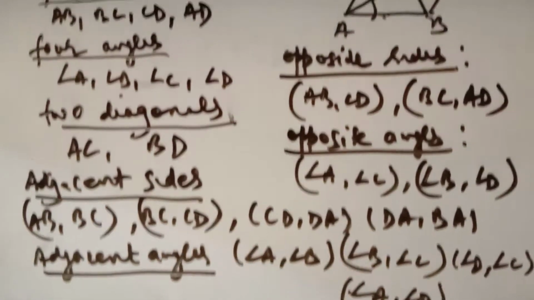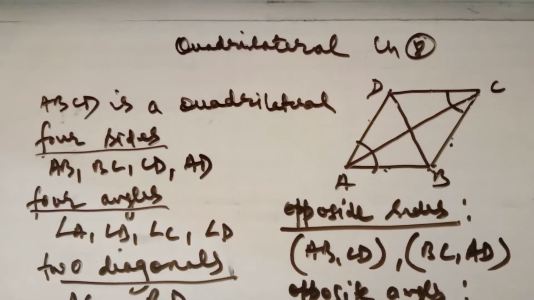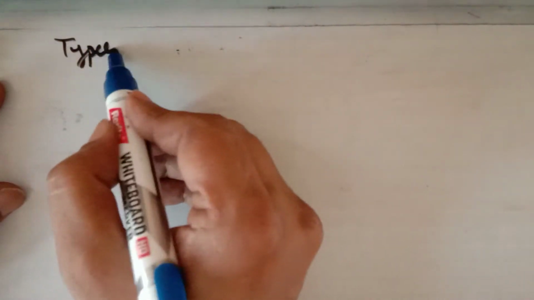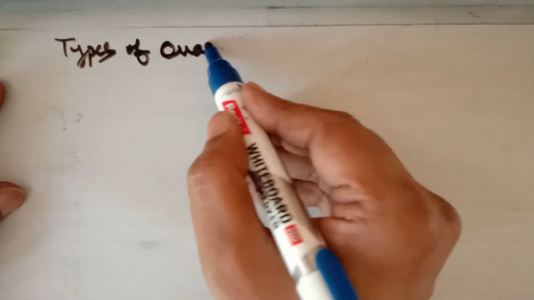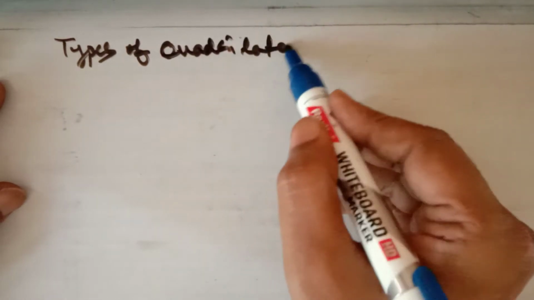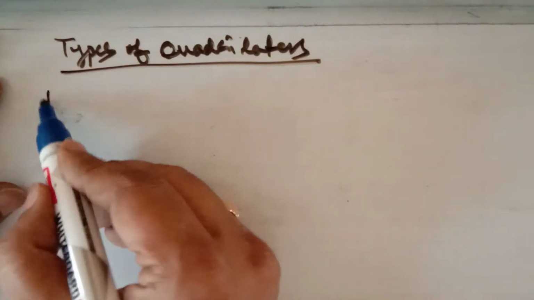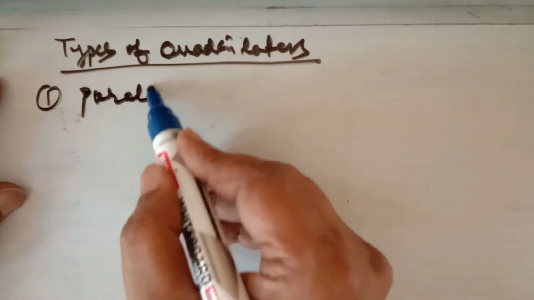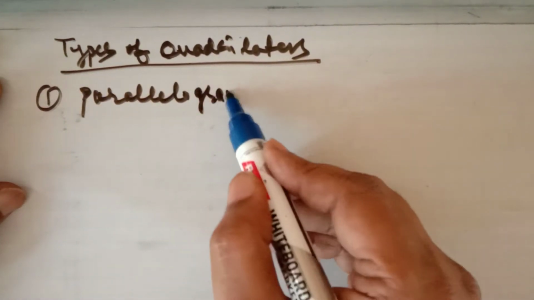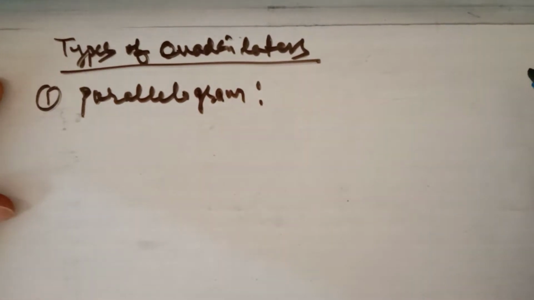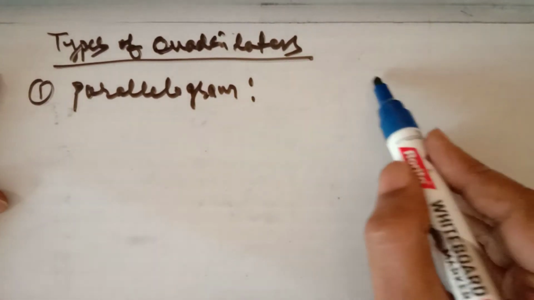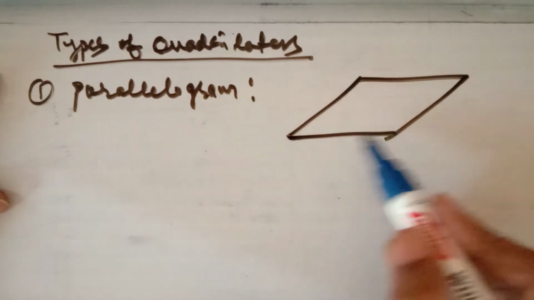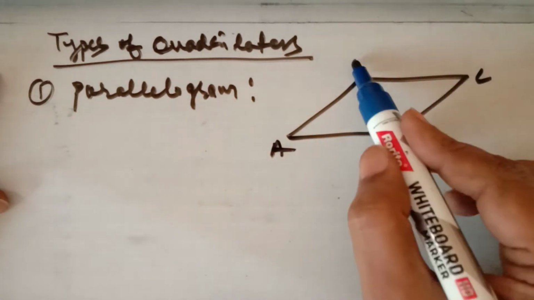After that, we have types of quadrilaterals. First is the parallelogram. Now, what is a parallelogram? A parallelogram is a quadrilateral in which opposite sides are parallel.